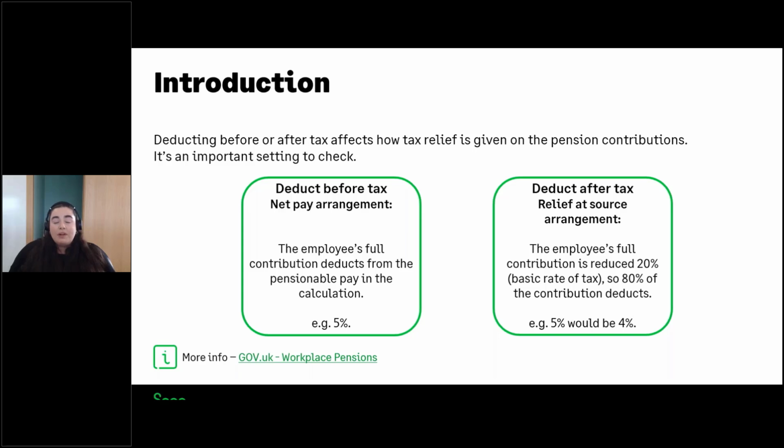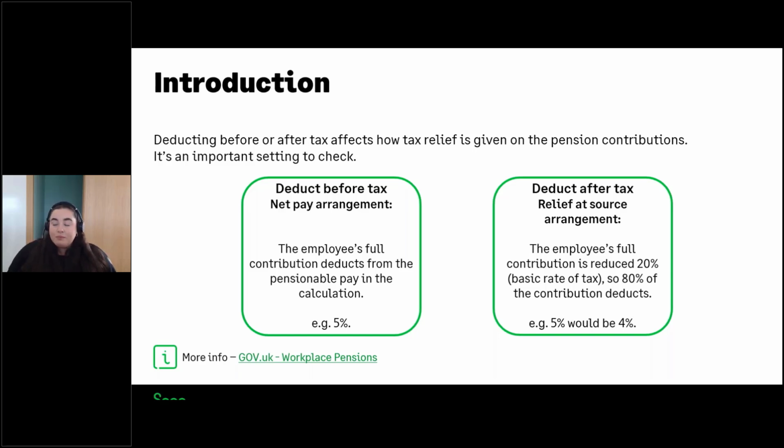So same example, if an employee's contribution rate was set to 5%, the actual contribution rate for the scheme that deducts after tax would be 4%, which is 80% of the 5%. Lots of percents going on, but hopefully it will become clear in those calculations a little bit later. And I will show you where these settings are in the programme shortly as well.